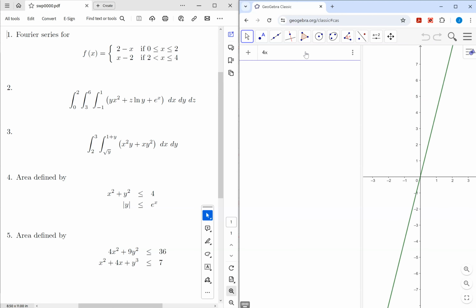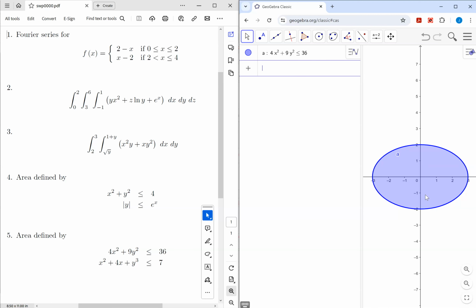So if I type in 4x squared plus 9y squared is less than or equal to 36, we get the ellipse there. I'm not sure that GeoGebra will do the implicit inequality, but it'll do the implicit equation without any issues. If I do x squared plus 4x plus y cubed is less than or equal to 7, it doesn't like that, but if I put an equals 7, it does put the graph in there.